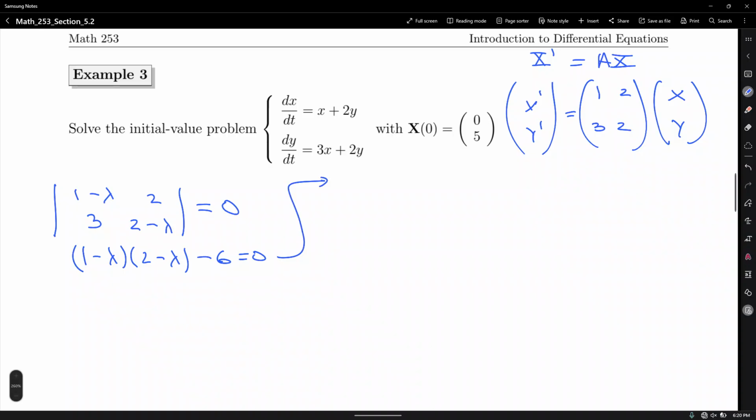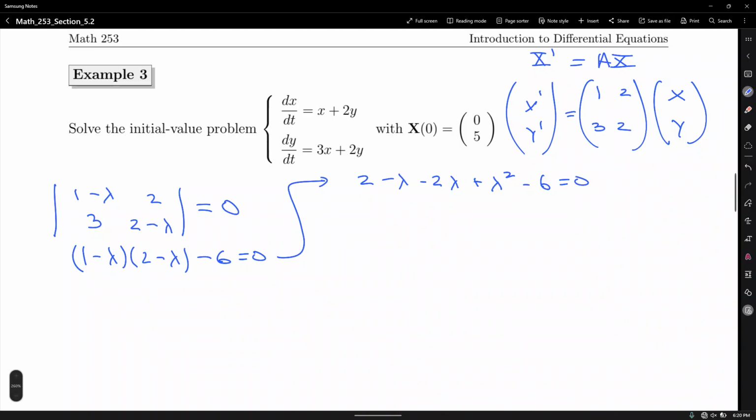Expand, combine, simplify. 2 times 1 is 2, minus 2 lambda, minus lambda, negative lambda times negative lambda is positive lambda squared, minus 6 equal to 0.